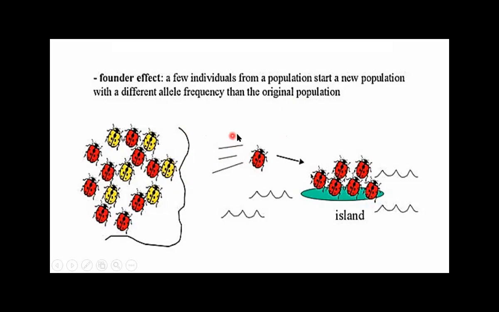The red beetles flew away, or there is a process of migration from this population, and these red beetles will move to another island and another area, and so only these red beetles will survive and increase their generation. So a few individuals from a population start a new population with a different allele frequency than the original. The original carries yellow and red, whereas the new one carries only red.